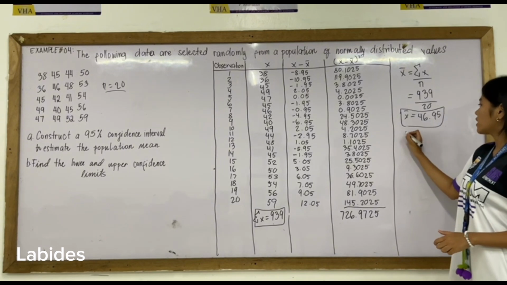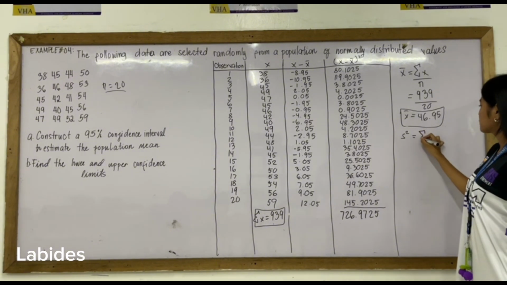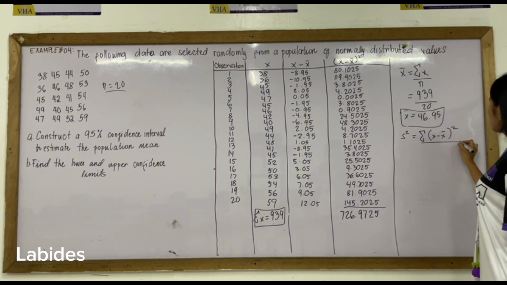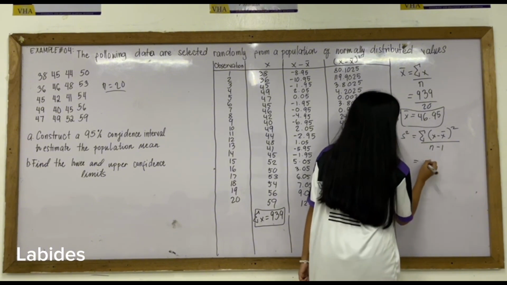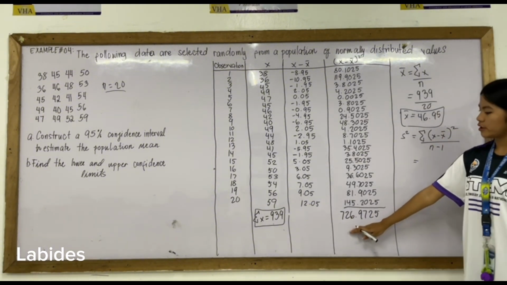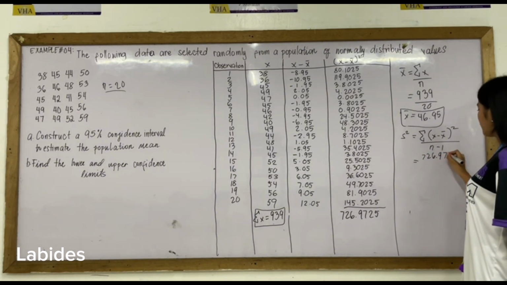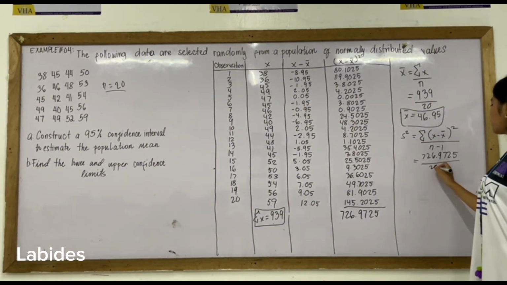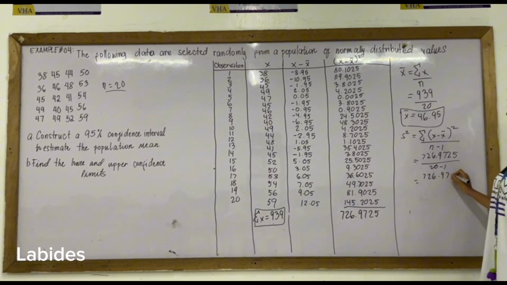Next, we're going to solve for the sample variance using the formula, summation of x minus the mean squared over n minus 1. Substituting, we have 726.975 over our n, which is 20. So 20 minus 1, 726.975 over 19.